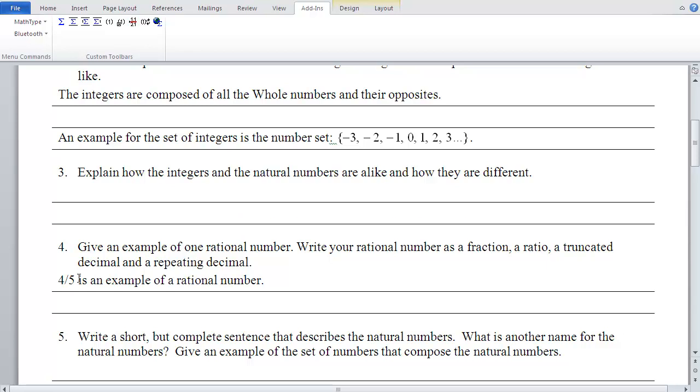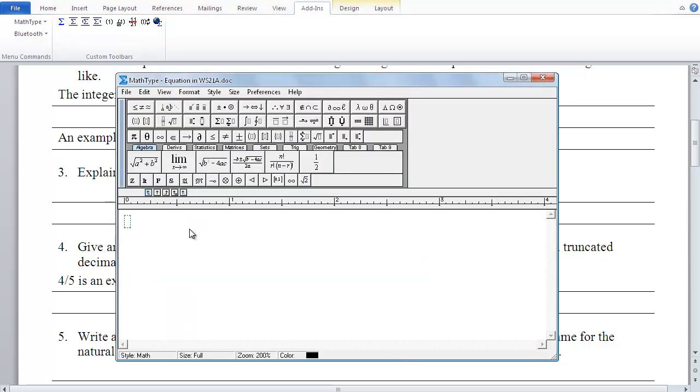So it says write your rational number as a fraction. Well, we've already got it as a fraction, but let's write it as a different fraction. How can I rewrite 4/5 as a fraction? Now I could take the top, let me just show you this for a second. So I could take this and times 4 divided by 5.